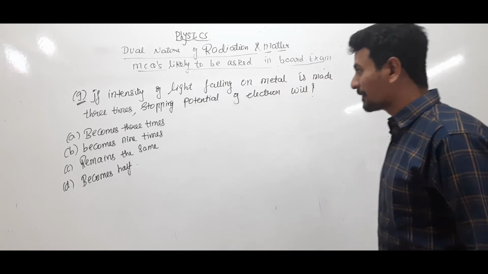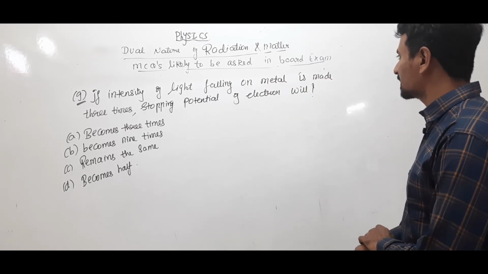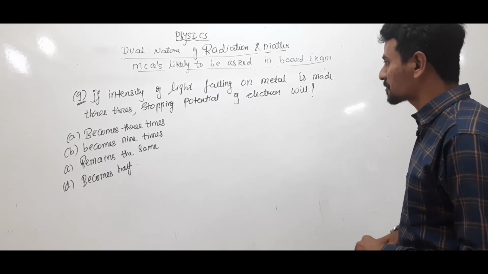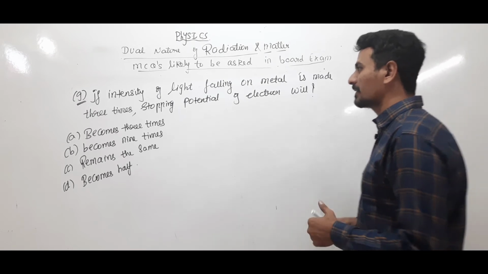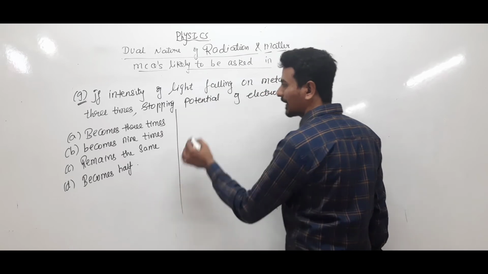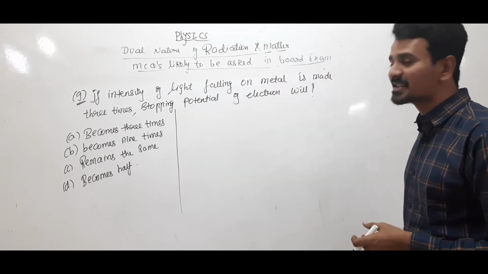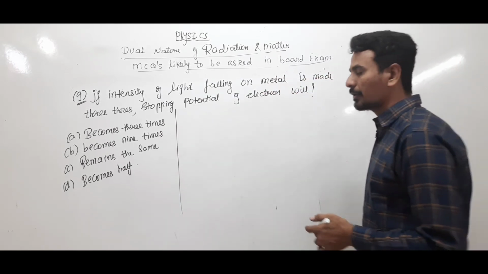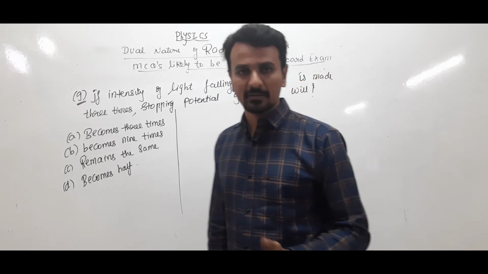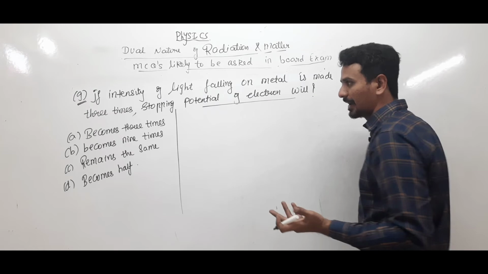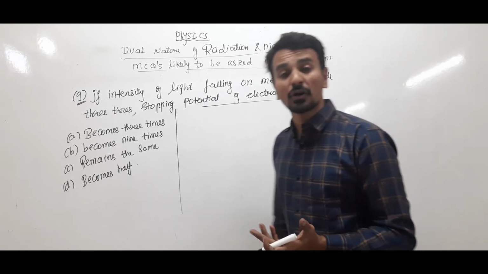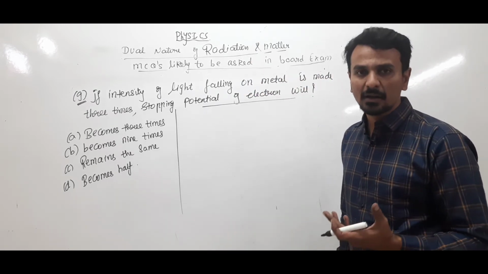The next one. 9th one. If the intensity of light falling on the metal is made 3 times, what will the stopping potential of the electron become? On changing the intensity of light, the photoelectric current will increase, but stopping potential has nothing to do with intensity of light. Stopping potential does not depend on the intensity, it depends on the frequency.